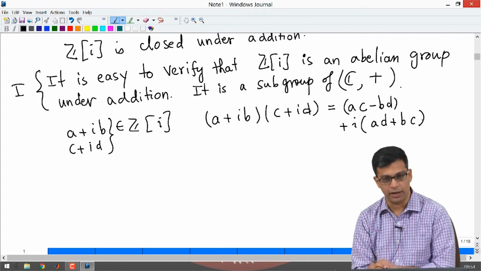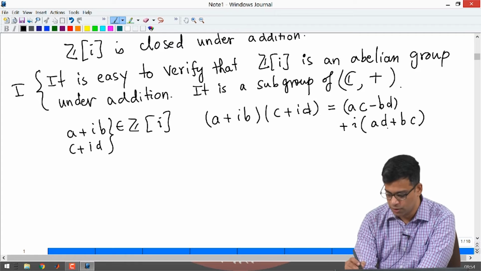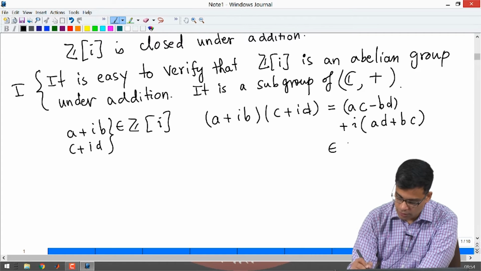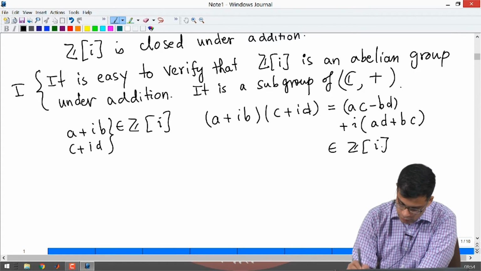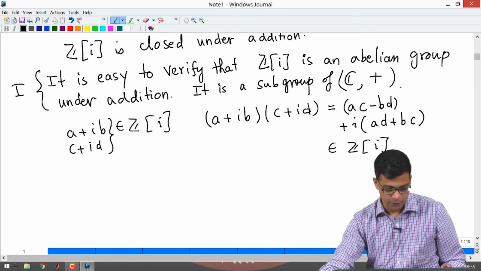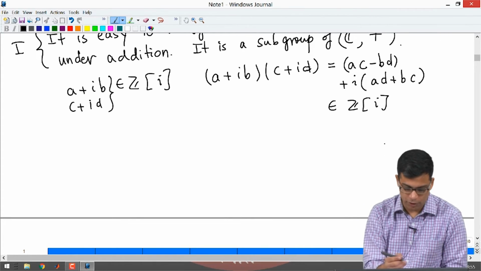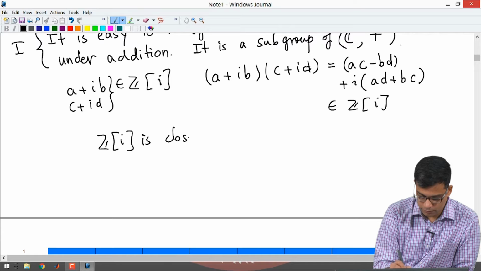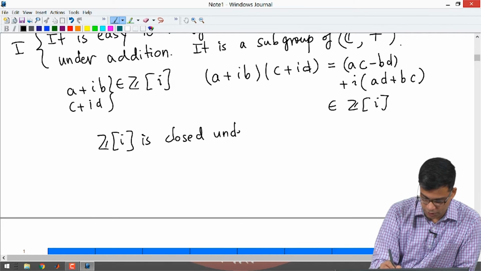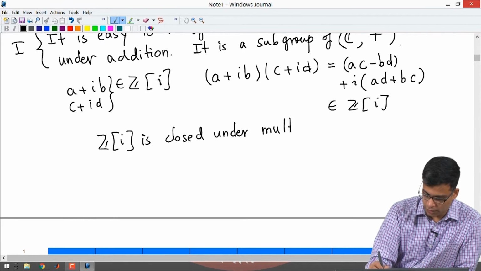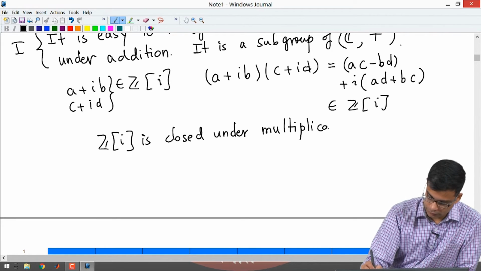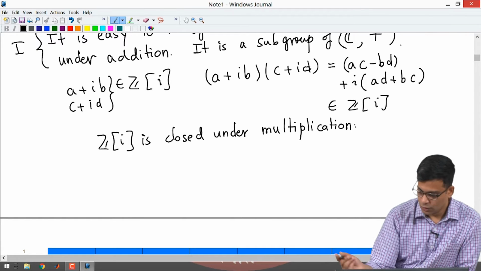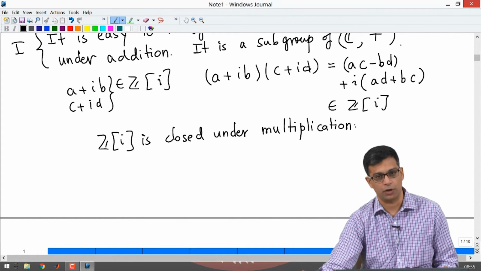Now, a, b, c, d are integers. So, ac minus bd is an integer, ad plus bc is an integer. So, this is also in Zi. So, the first point I want to note is Zi is closed under multiplication. We proved that here.